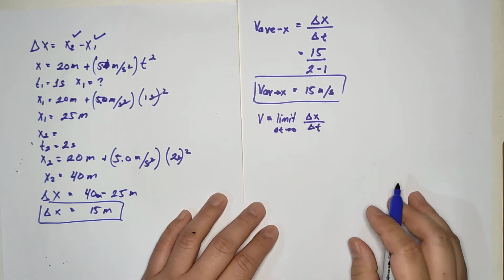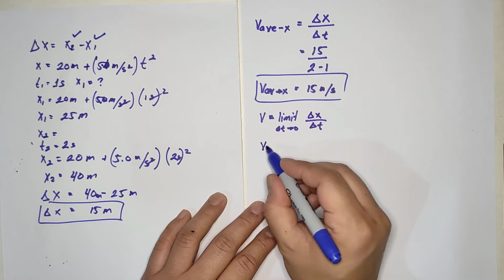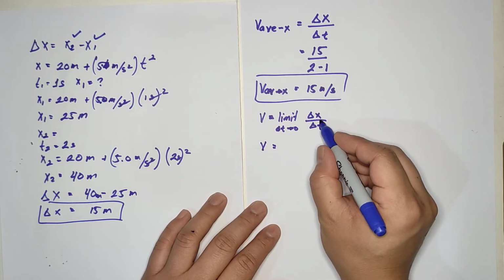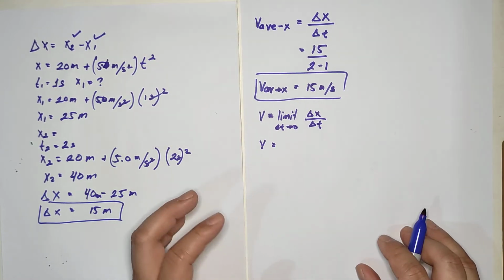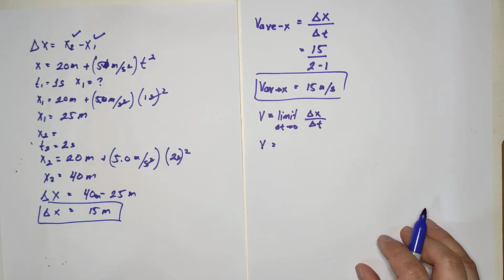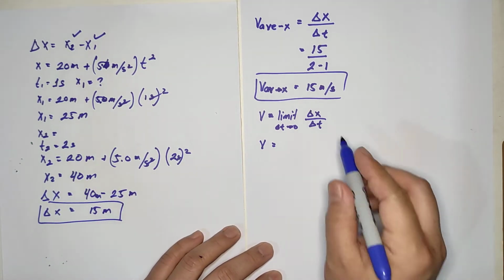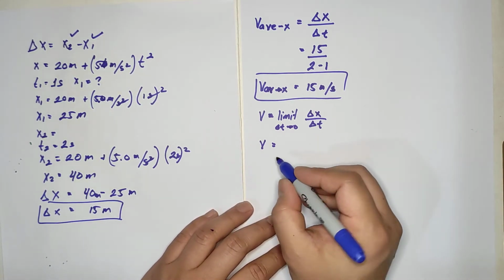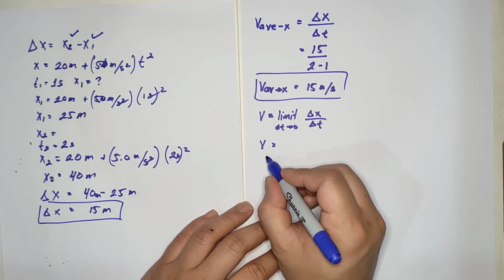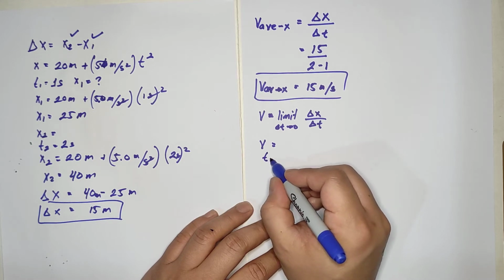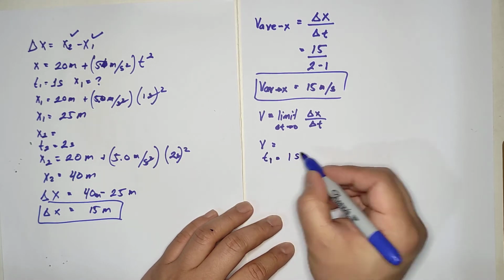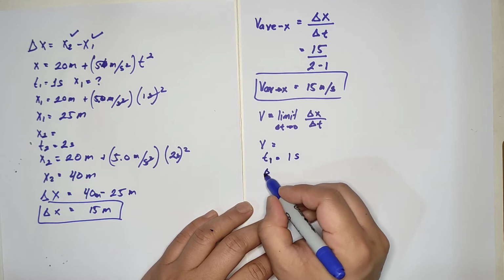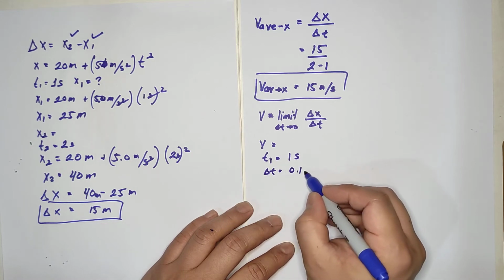So what's the delta x? Now, the delta x is not this one anymore, because it says in the problem, instantaneous velocity at t1, that is 1 second, then your delta t is 0.1 seconds.